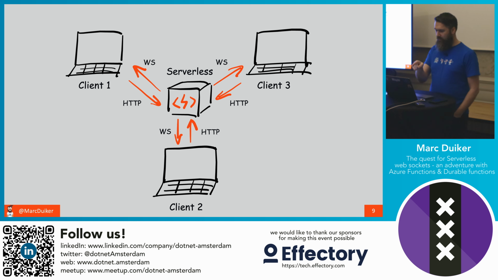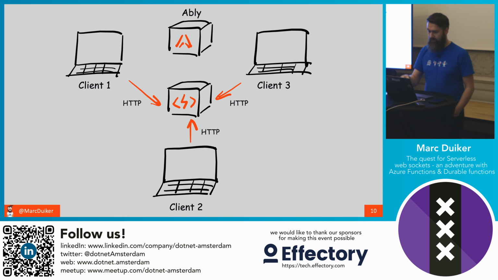But it's not like this, right? Because we don't have a direct WebSocket connection with Azure Functions. In my case, I'm using yet another service called Ably. Not part of Azure, but it's a very nice WebSocket-based real-time messaging provider. So what actually happens is whenever a client hits a button, that gets sent to the HTTP API implemented with Azure Functions, and the Azure Functions will invoke an Ably API via the Ably SDK.